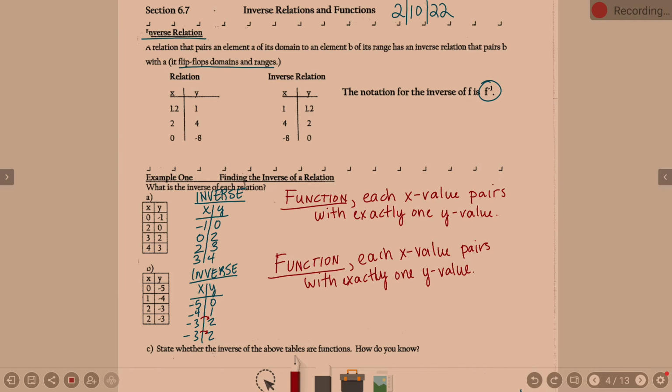Now, the trick on this one was the repeat pair. The repeat pairs the same x value with the same y value, right? And that's why it worked. So, if I put a little asterisk note here: the repeat pairs the same x value with the same y value.